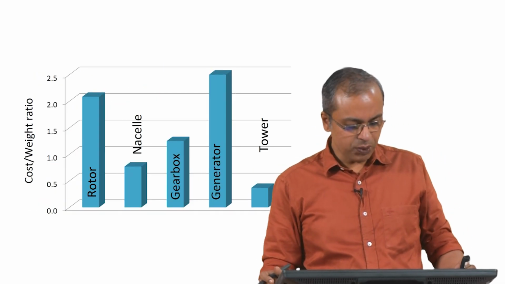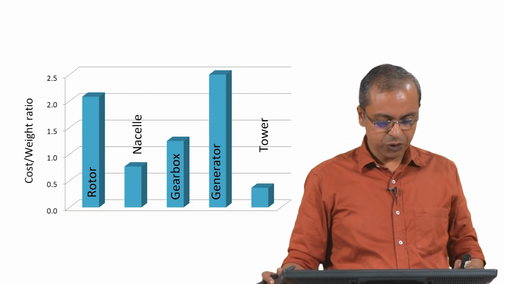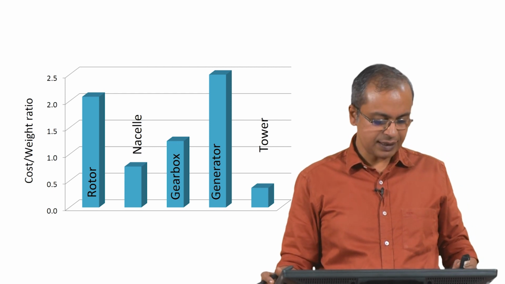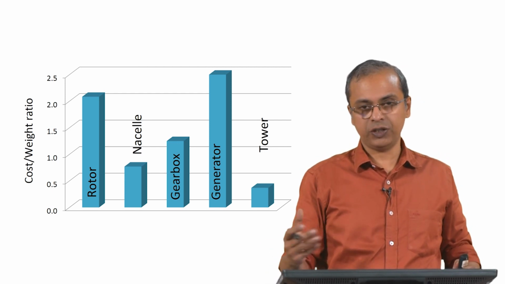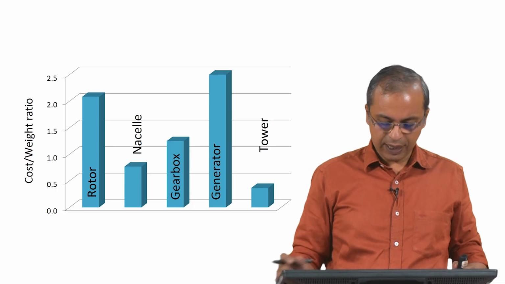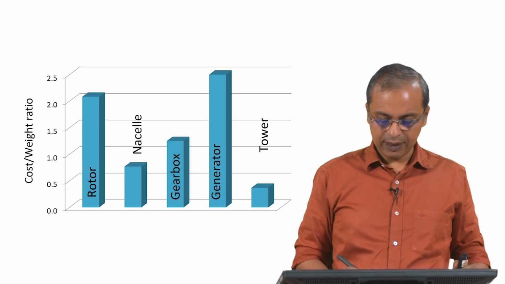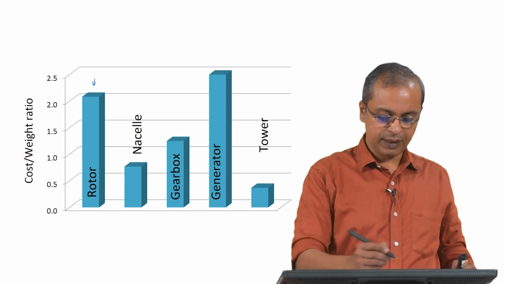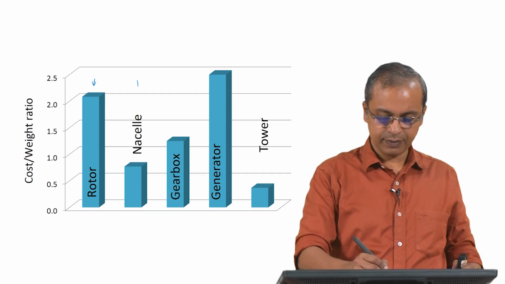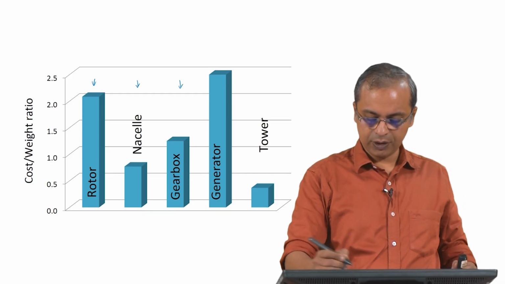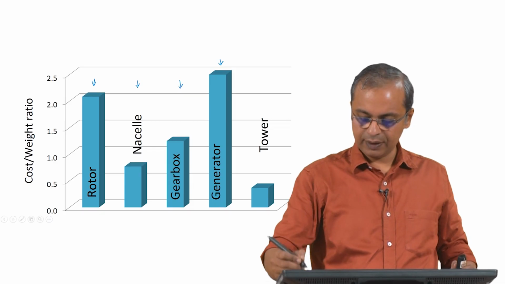Okay, so if you actually look at these parts, I also put together some data which tells us the relative cost to weight ratio. So, here you have the rotor, the nacelle, the gearbox, the generator and the tower.